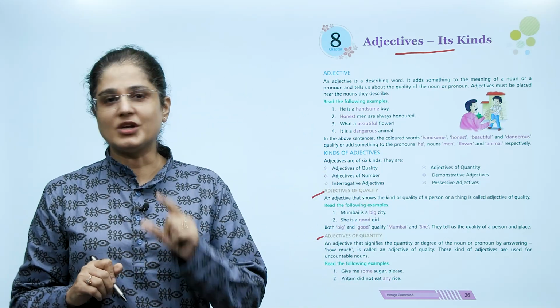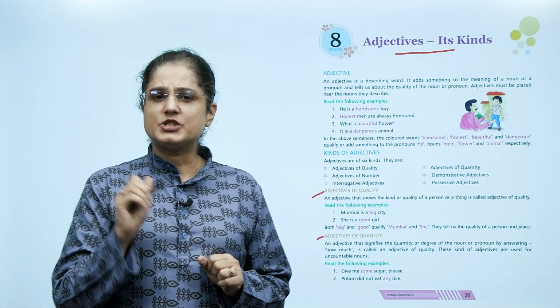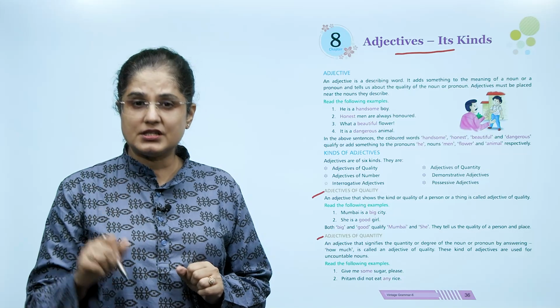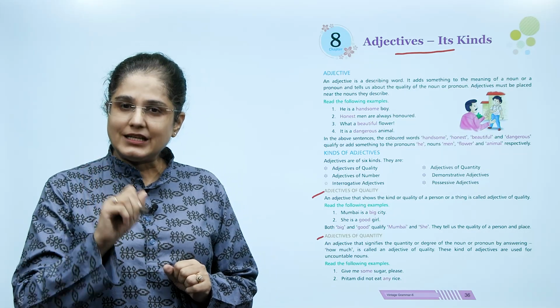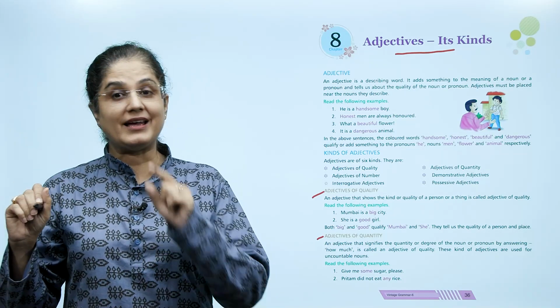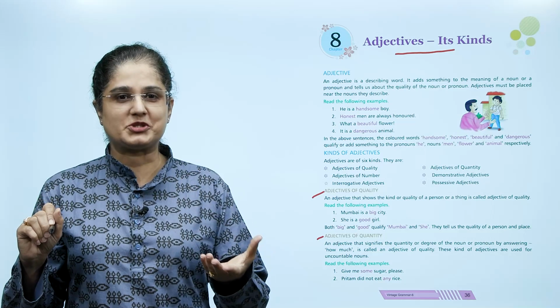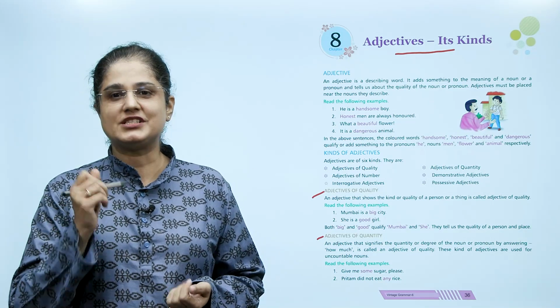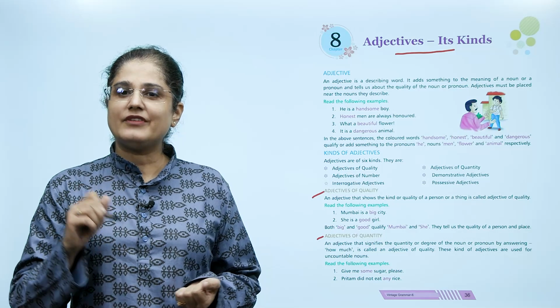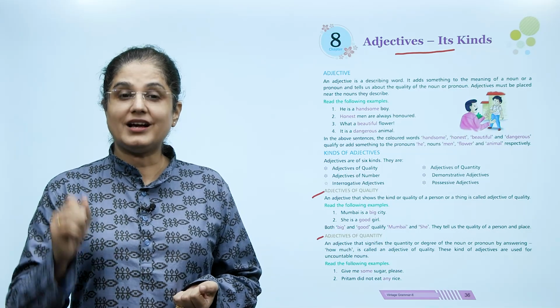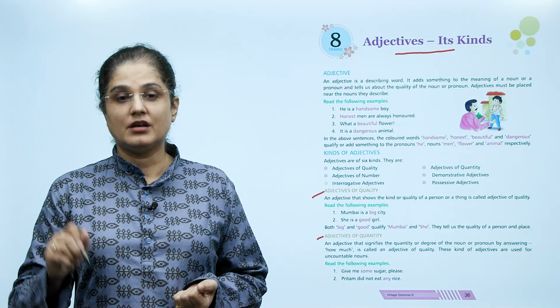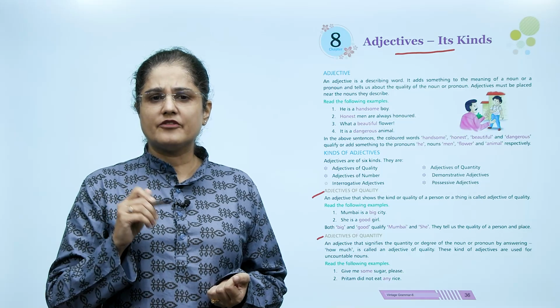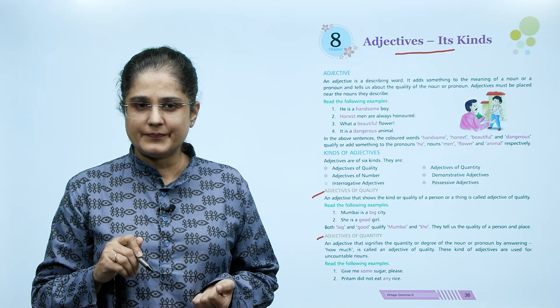Next is adjectives of quantity. An adjective that signifies the quantity or degree of the noun or pronoun by answering how much is called an adjective of quantity. These kinds of adjectives are used for uncountable nouns. For example, give me some sugar please.